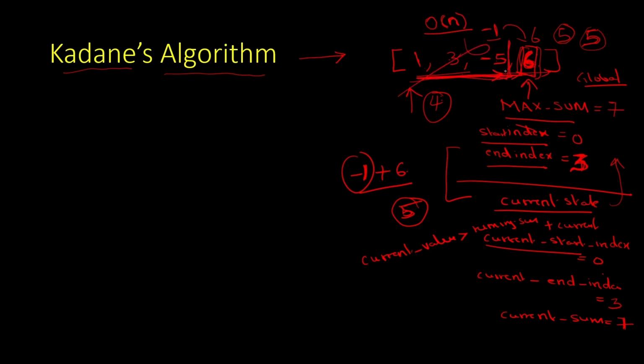Why? Because this is not positively contributing to my sum. This entire current sum was minus 1. So instead of adding that minus 1 to 6, why not start our subarray here itself? So that's where I'll update my start index to 3.